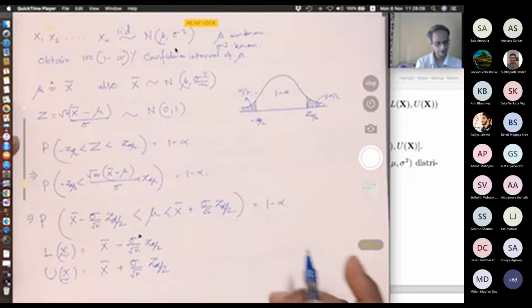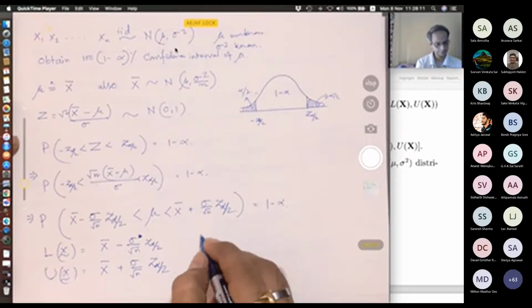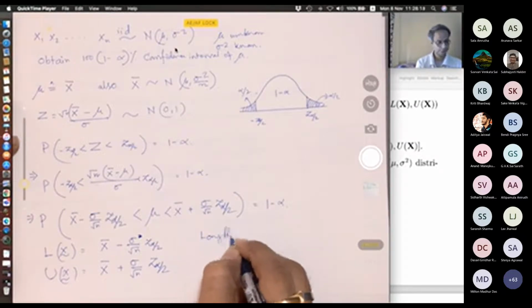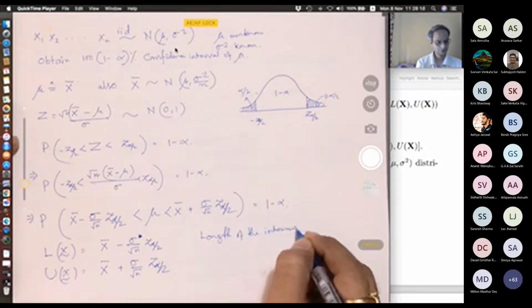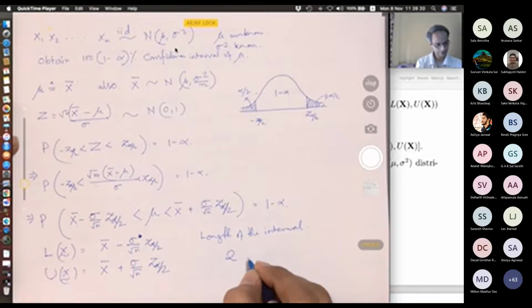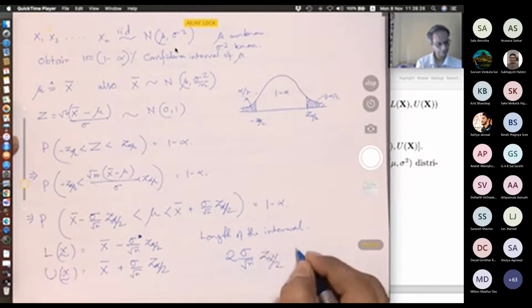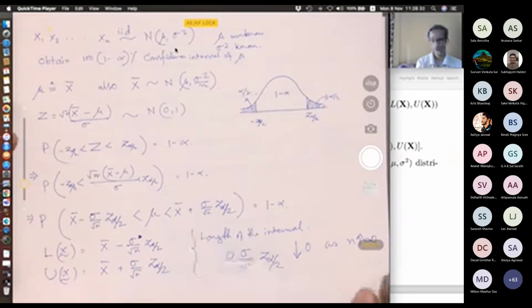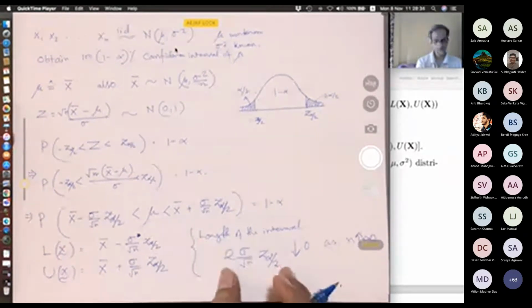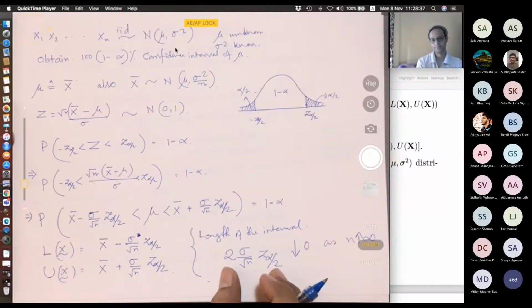And what is the length of the interval? Which is 2 times sigma by root n, Z alpha by 2, which goes to 0 as n goes to infinity. So if you take more and more sample size, the interval will be smaller and smaller.